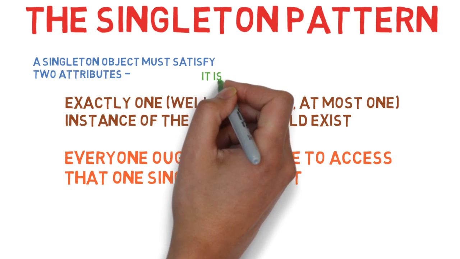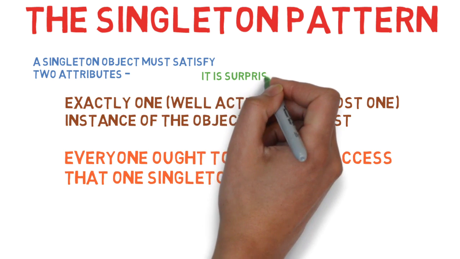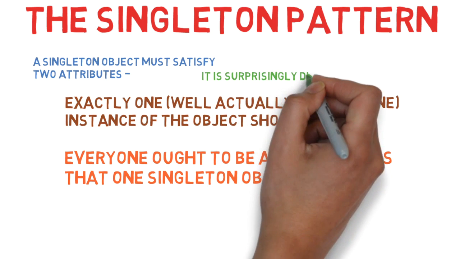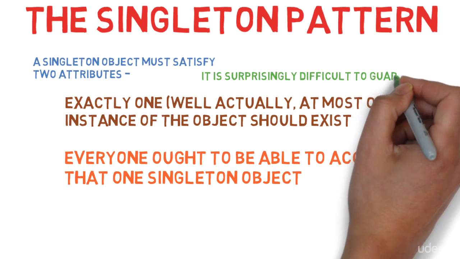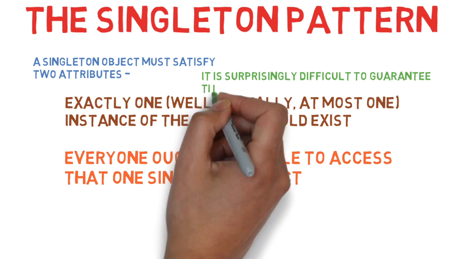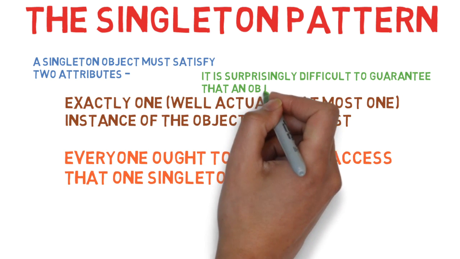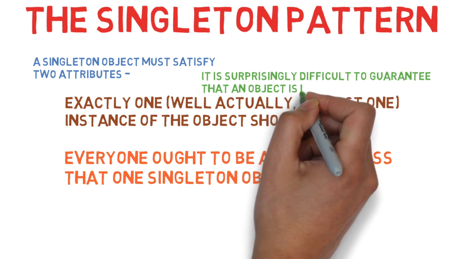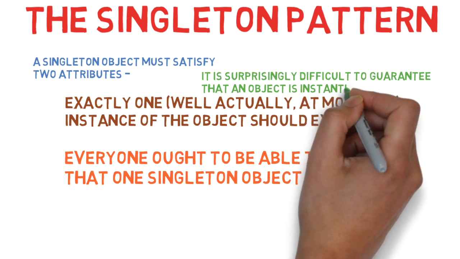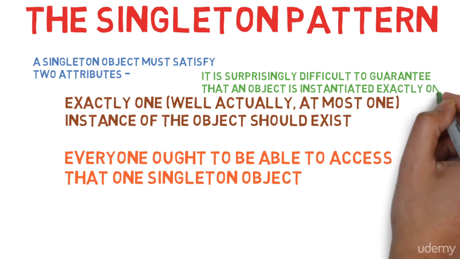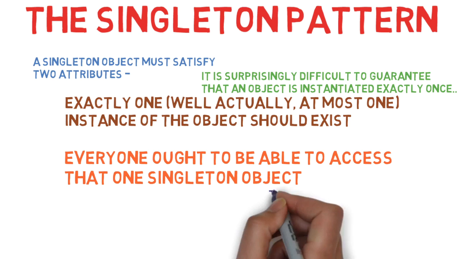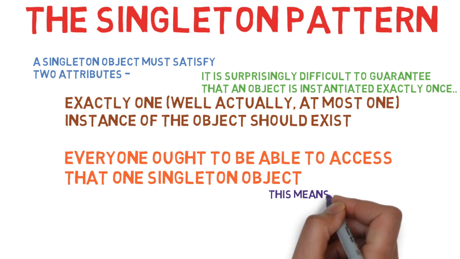What does this imply? It turns out that the first attribute is surprisingly difficult to guarantee in code. In fact, you'll find as we look at the example that a lot of our effort goes into guaranteeing that exactly one object of a singleton is instantiated. This is a hard problem and there are a multitude of ways by which we can tackle this.